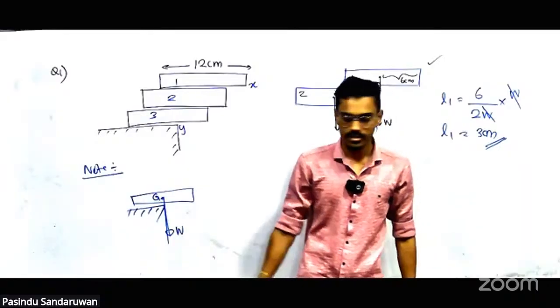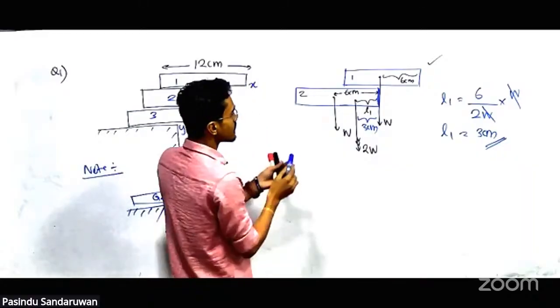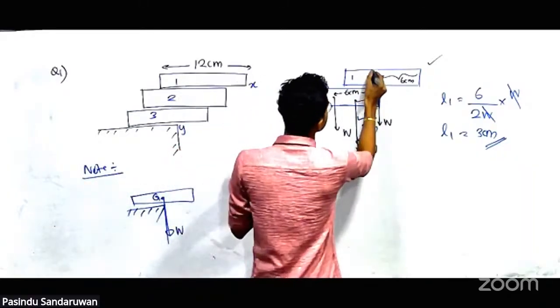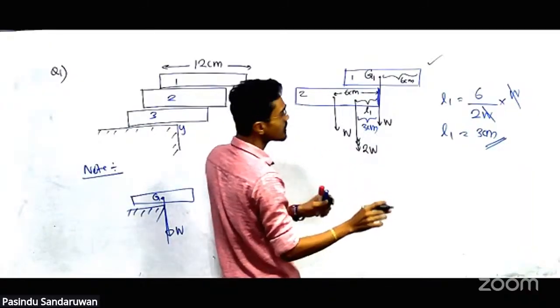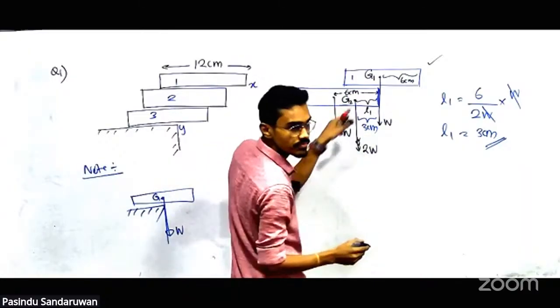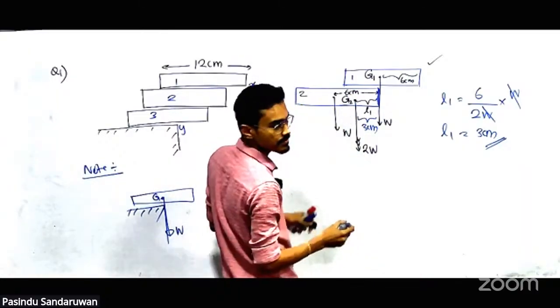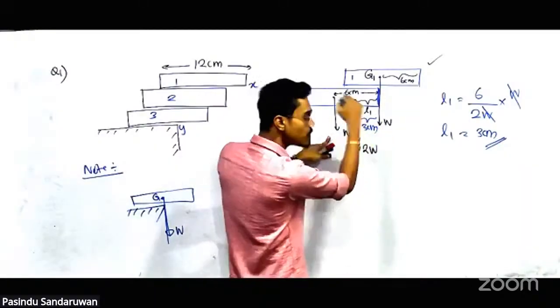Same thing. Now, the resultant center of gravity of book 2 is here. For your clarity, let me label this as G1, the center of gravity of just one. This is G2, the center of gravity of both of them, because this force is factored here and this force is already factored here.